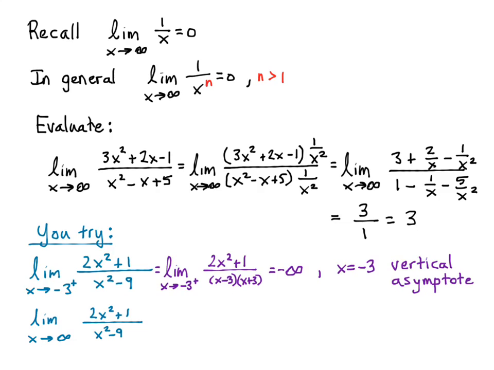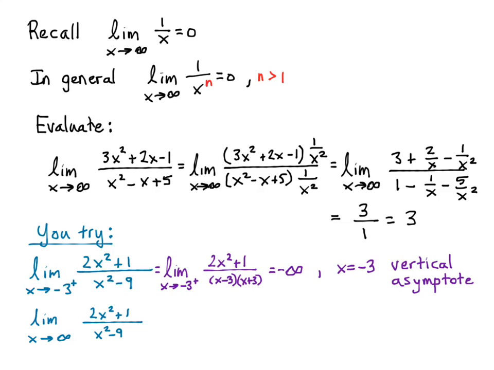It'll be a small number, but it's still going to be positive. Now this is -3, and this is approaching -3, so this is going to be negative. So this function is going to be negative as x gets closer. You look at what numbers would make it, well, not any number, but numbers as we get progressively closer to -3 from the right side. Okay, so then we have our vertical asymptote.